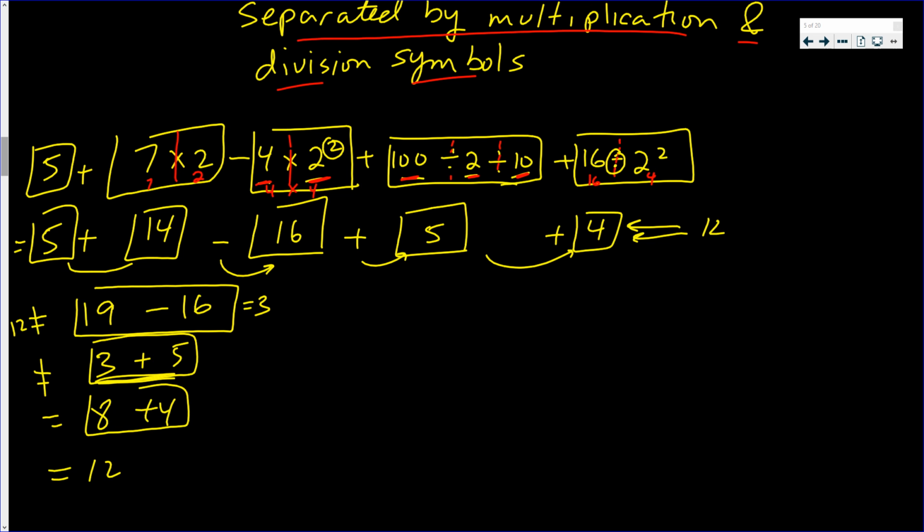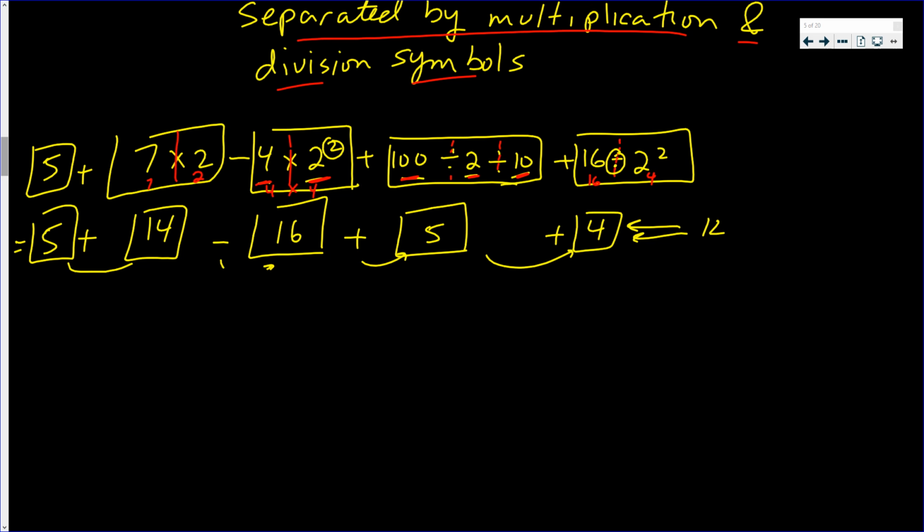This is 12. 8 doesn't equal 12. 8 plus 4 here, that's 12. So, things don't follow here. And you have all these incorrect equal signs. You need to make sure that your equal signs are correct.